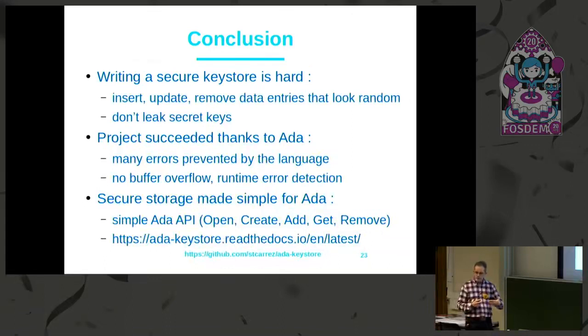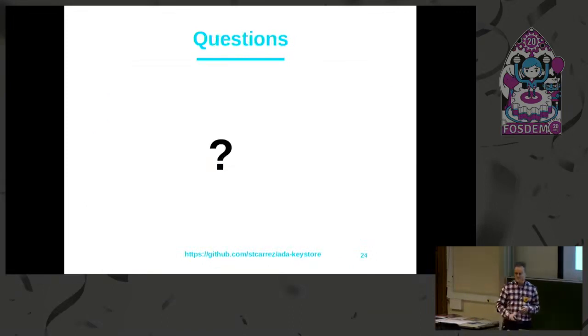And when you look at the data, because they are encrypted, it's random, so it's very difficult. The language, in fact, helped a lot, because many errors were prevented. And despite this complexity, you have a simple Ada API that you can use. Thank you.